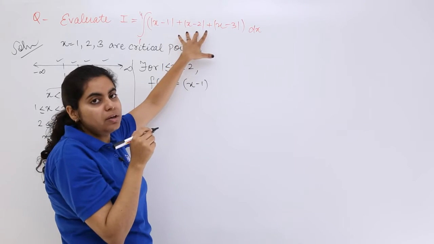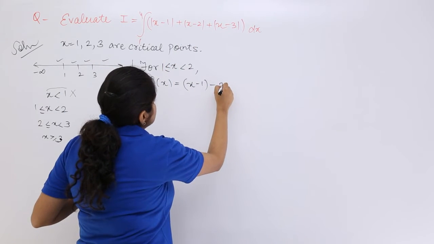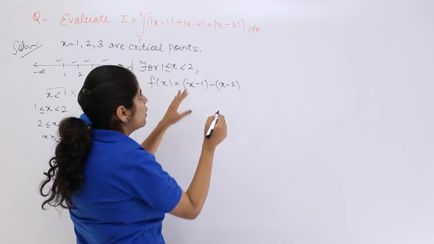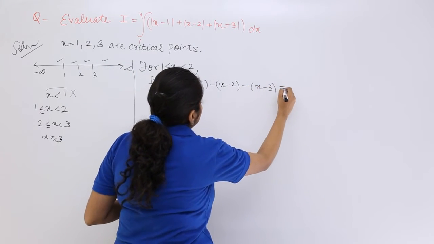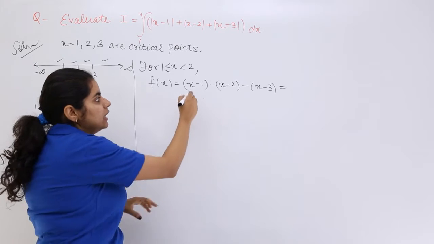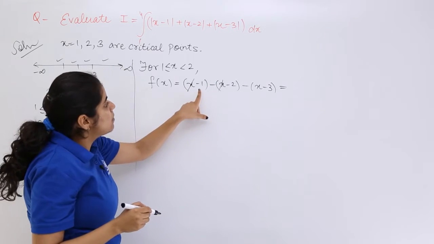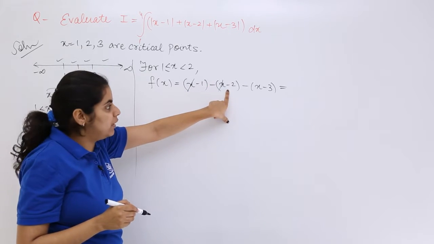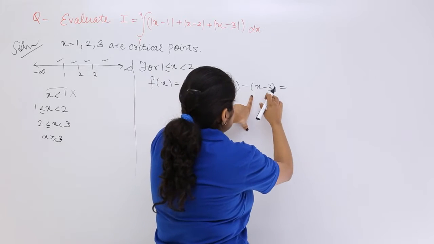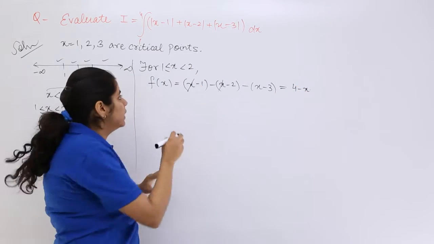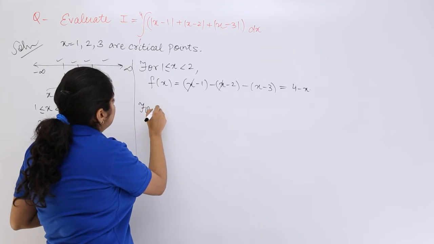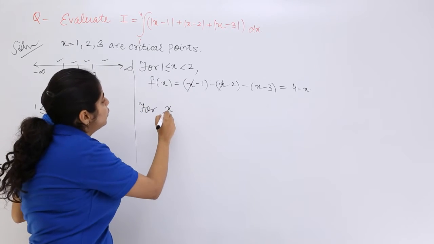Then x minus 2 is negative, so it is minus x minus 2. And x minus 3 is negative, so minus x minus 3. So x minus x gets cancelled. Minus 1 plus 2 is 1, 1 minus x plus 3, so 4 minus x.